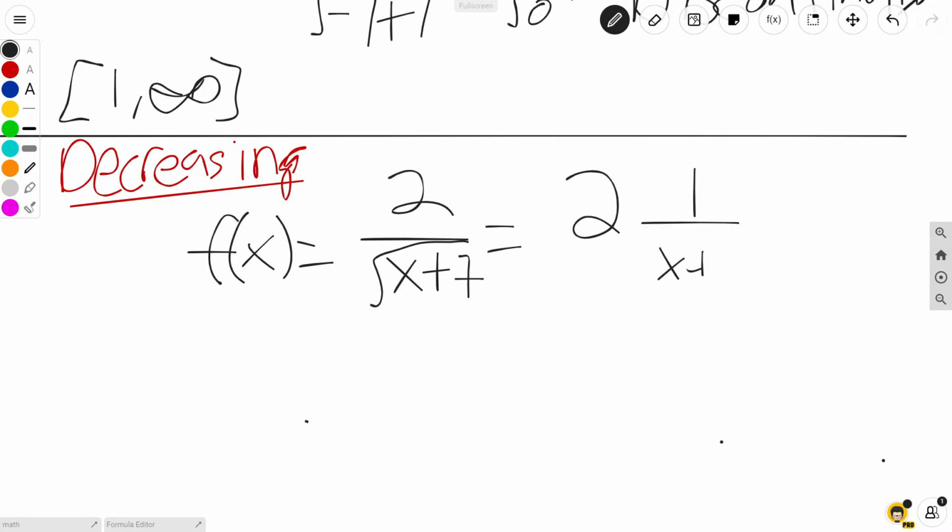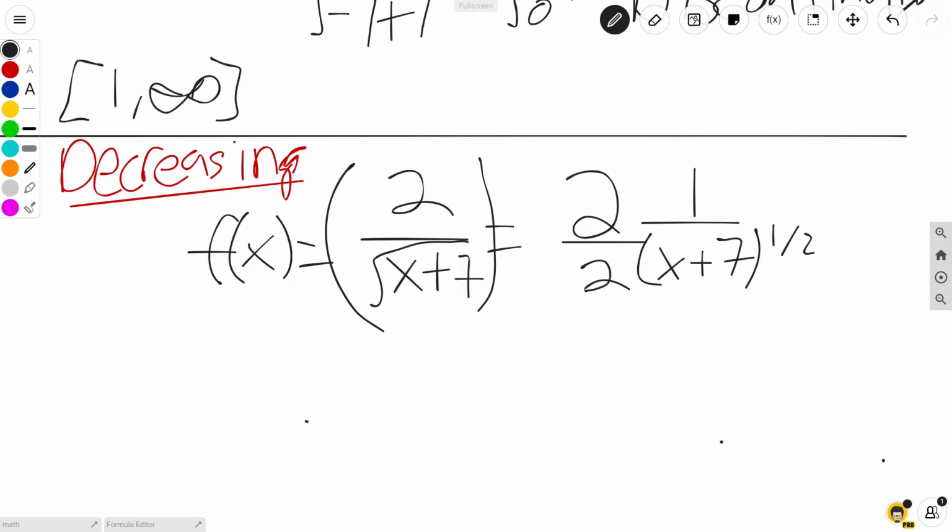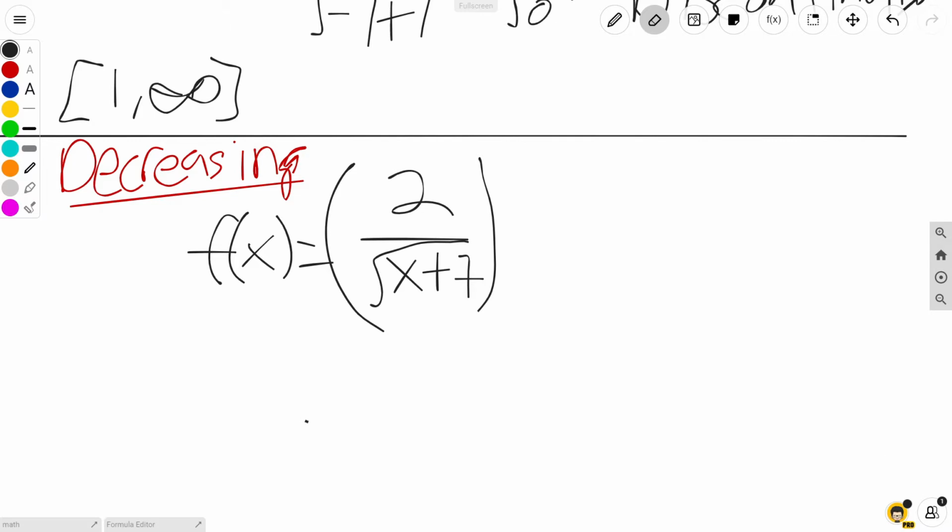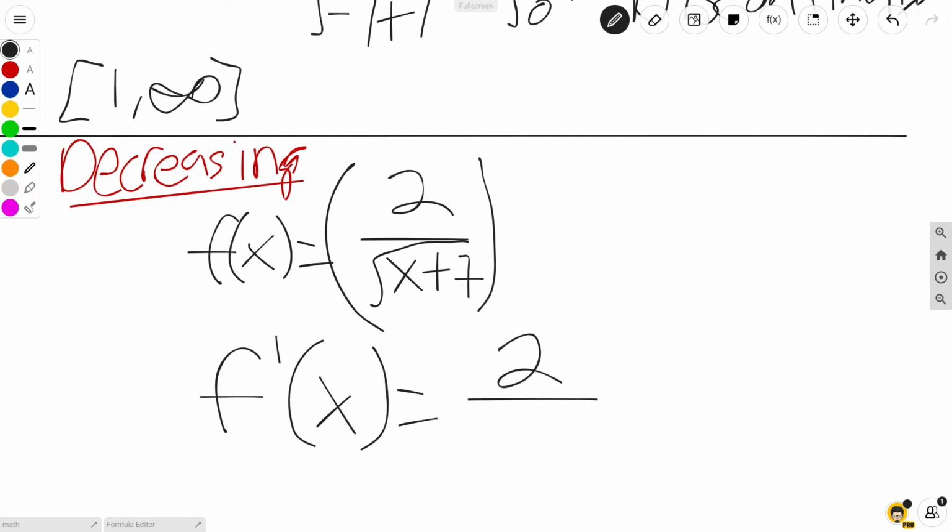So all I'm going to do is take the derivative applying the chain rule: x plus 7 to the 1/2 divided by 2. I know I did it very fast, but that's our f of x, and our f prime of x is equal to 2 divided by 2 square root of x plus 7, negative.